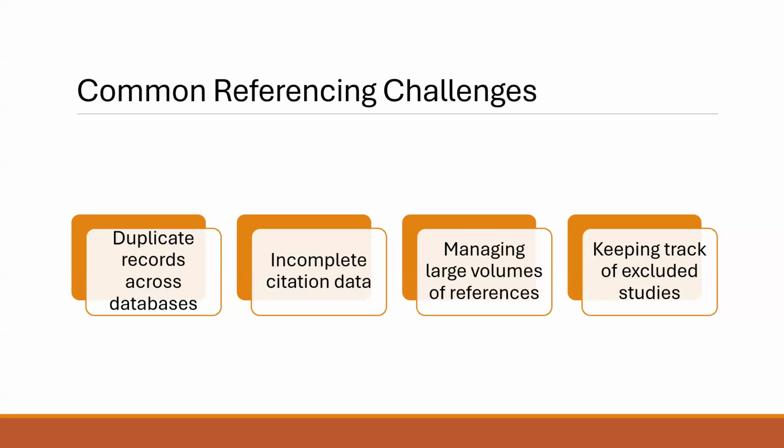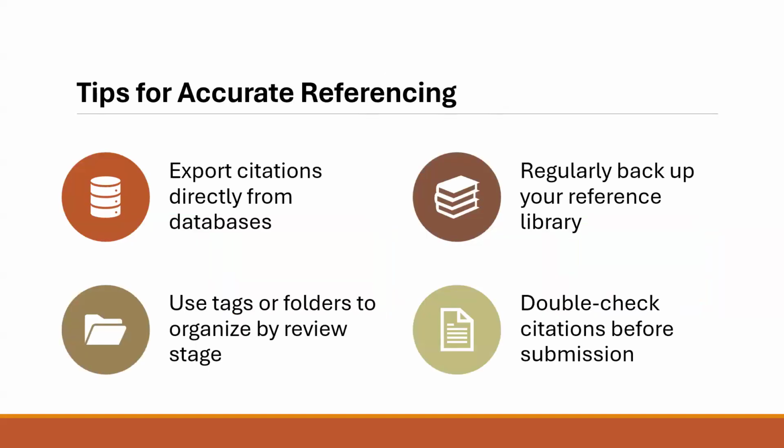Then managing large volumes of references. As I told, if you have a large number of references, it will be very difficult to do it manually. Then keeping track of excluded studies. Along with the included studies, if you have a vast number, keeping track of the excluded studies is also a difficult task while doing a systematic review.